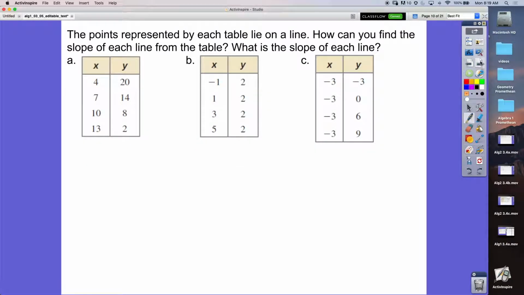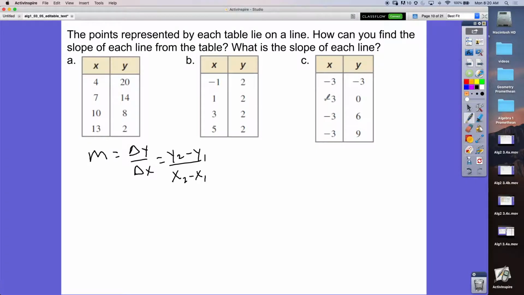All right, moving on. Now we have tables, and they are telling you that each of these tables is a line. So we're going to find the slope. Okay, what's the formula for finding the slope? Change of y over change of x. Okay, so that is y2 minus y1 over x2 minus x1.